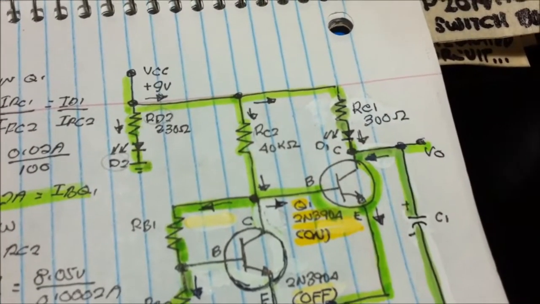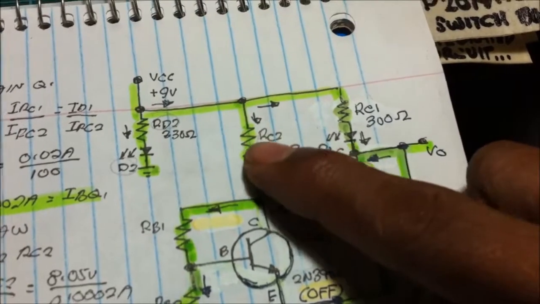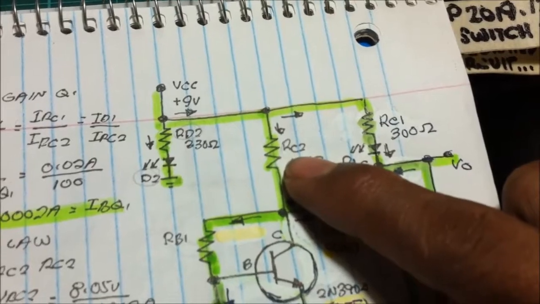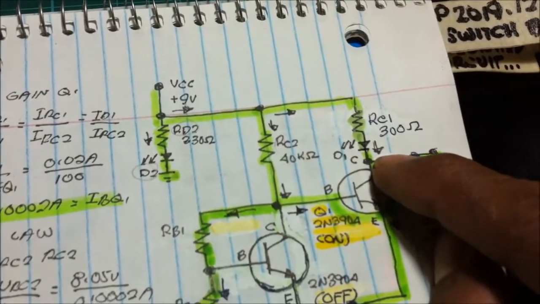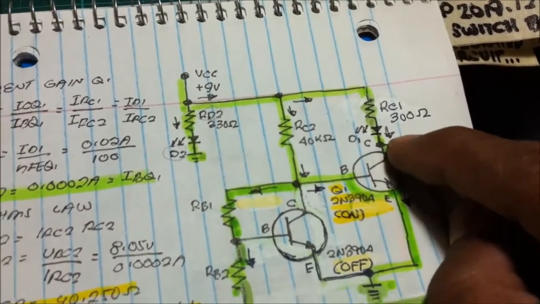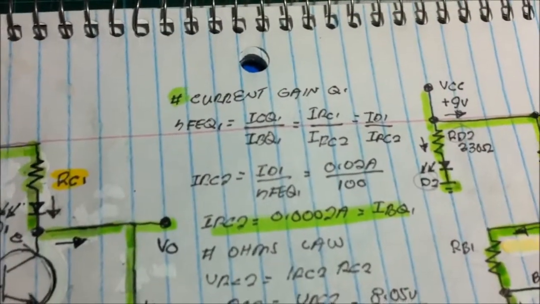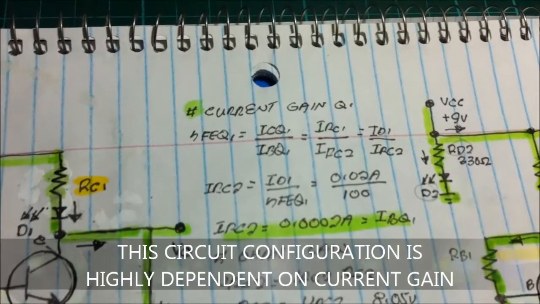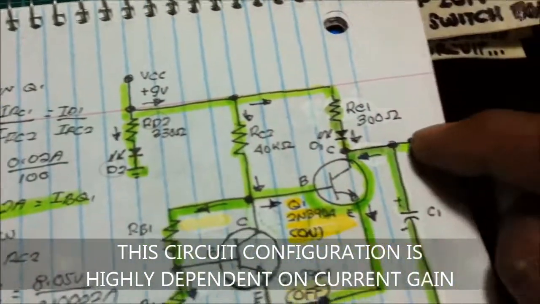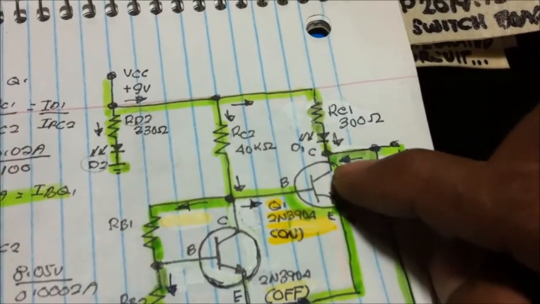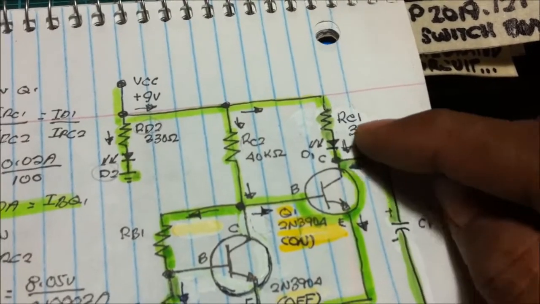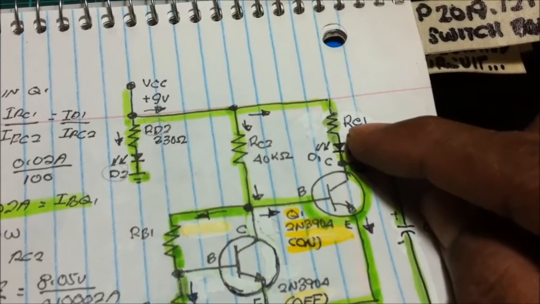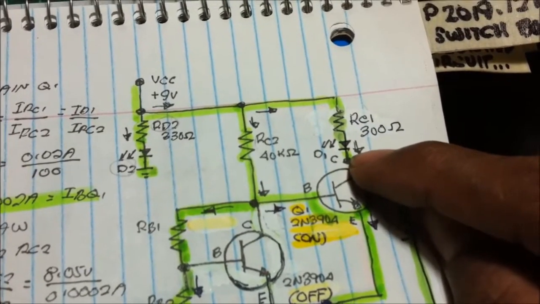Now, can we now compute for the current to know the value of this RC2 by using a current gain? Hfe is equal to IC over IB. And the IC, collector current of Q1, is equal to the RC1 current, collector resistor current, also equal to the current of the LED.